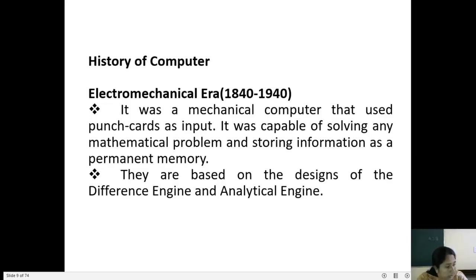And during this period, the first electronic computer called Mark One was introduced by a company called IBM, which we call an automatic sequence control calculator.